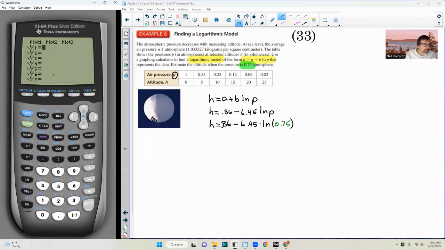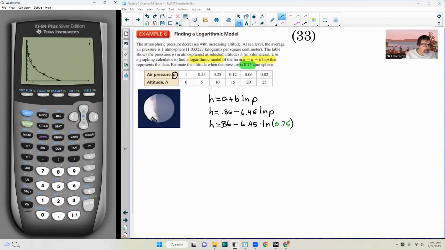So to do that, I go to Y equals, I want my plot on. Okay, arrow down, and I hit vars and 5 for statistics, arrow over to EQ, and it says regression equation, and I hit that and I hit graph. Okay, so there's my model.